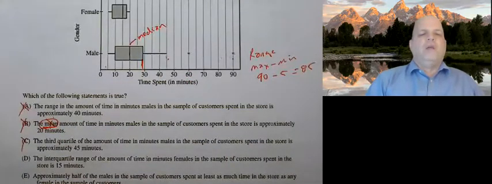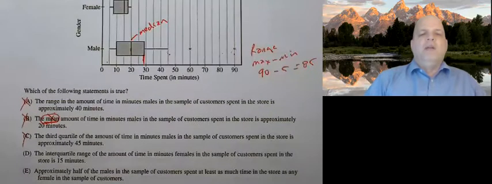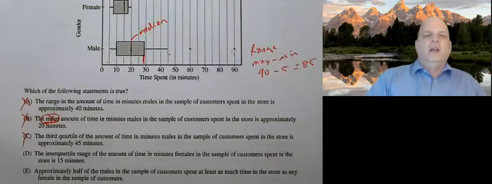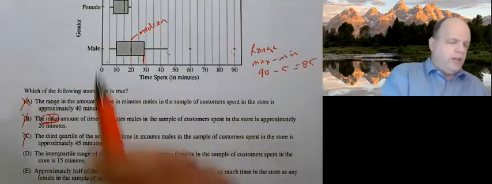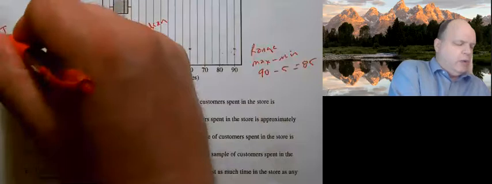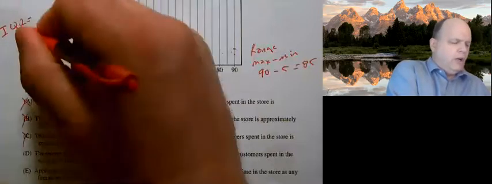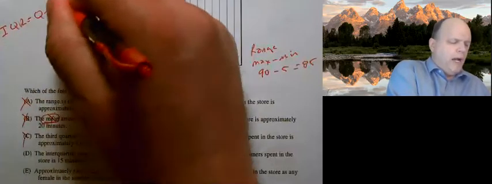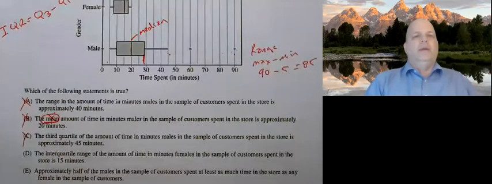The interquartile range is the amount of time in minutes females of the sample customers spent in the store is about 15 minutes. All right. So the interquartile range, IQR, equals Q3 minus Q1.